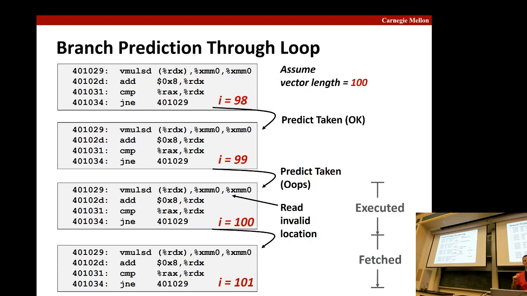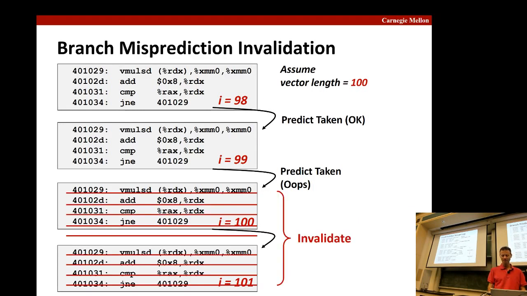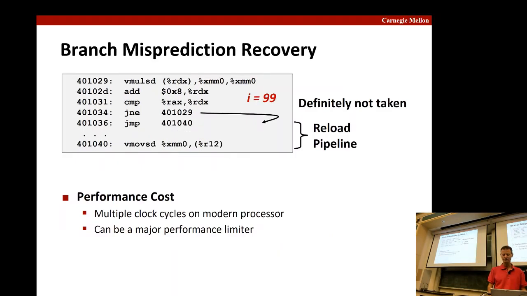That's what they do. By predicting that a loop will always continue to execute, you're only wrong once, which is good. So this is an example where you're correct, and eventually you're going to be wrong, and you're going to have to invalidate all that code, squash its effects, and restart. Okay?